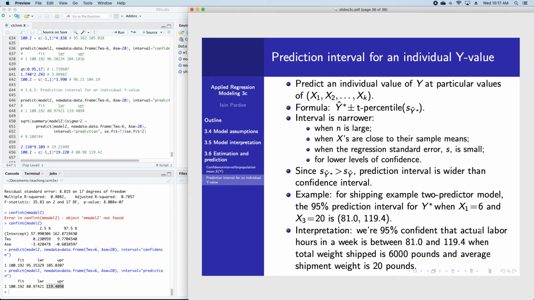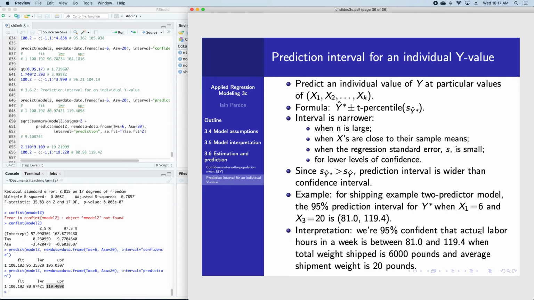So that brings us to the end of this chapter now. We've gone through all the different aspects of multiple linear regression analysis in straightforward cases. What we'll go on to talk about in the next two chapters is situations which go beyond what we've talked about so far.